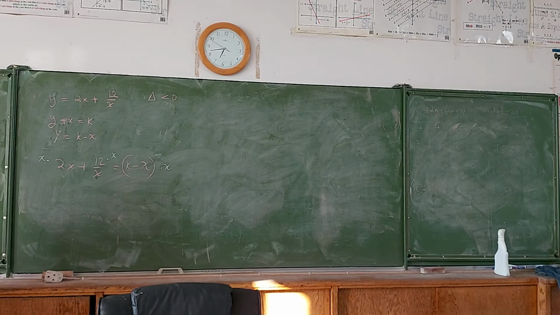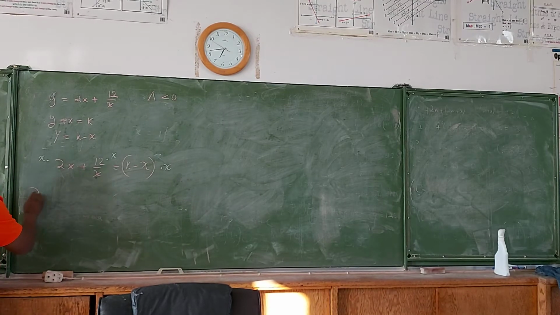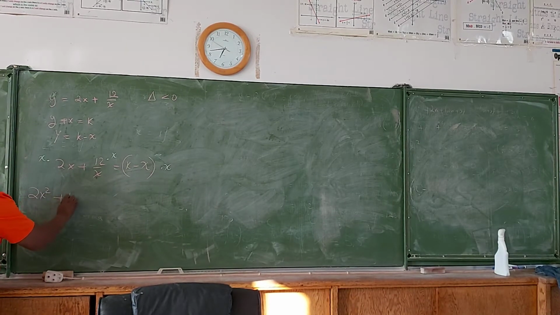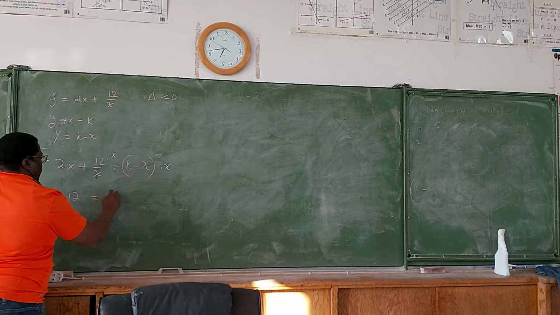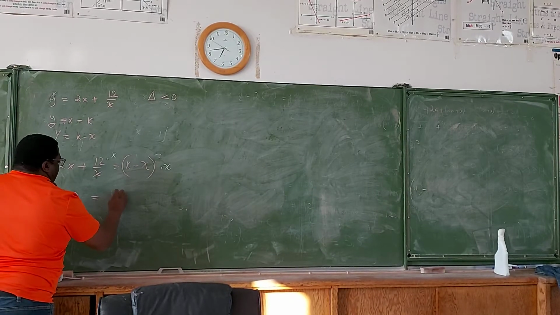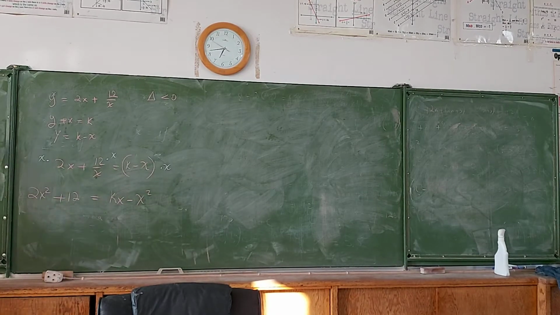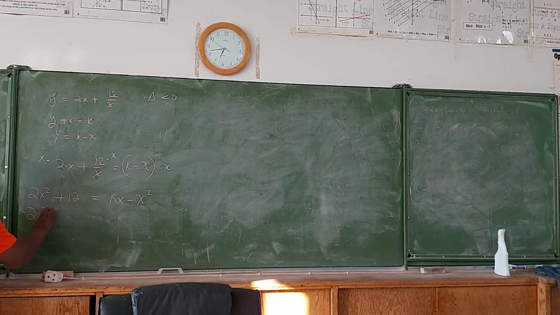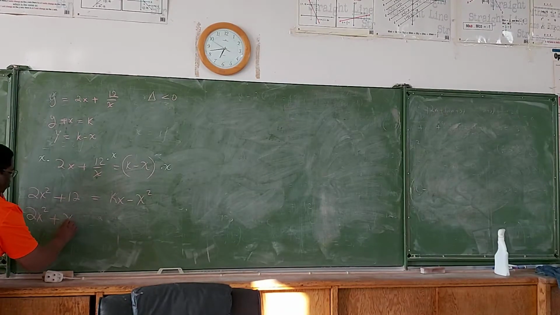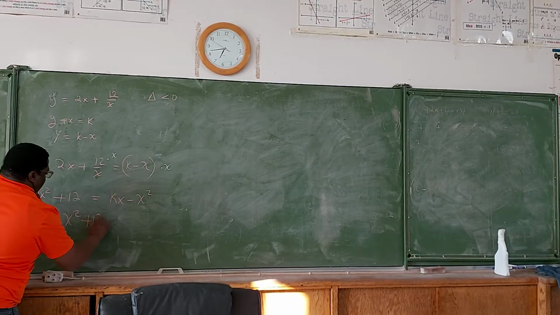This leaves me with 2x squared plus 12 equals kx minus x squared. So that kx minus x squared will come to the other side, let it equal to 0.